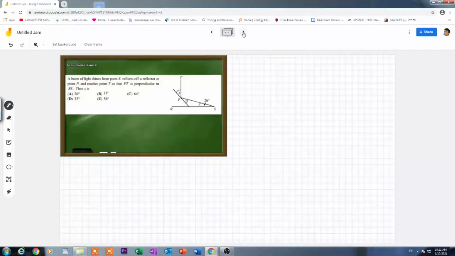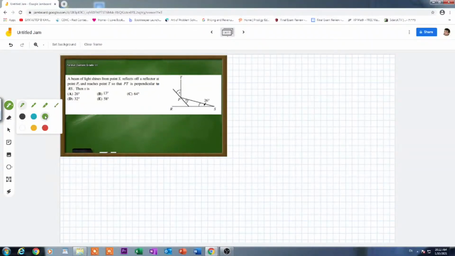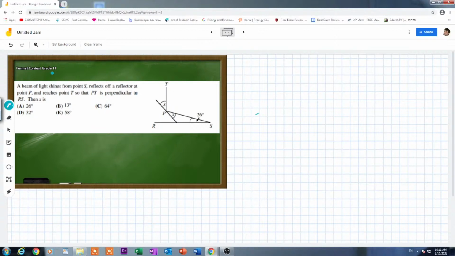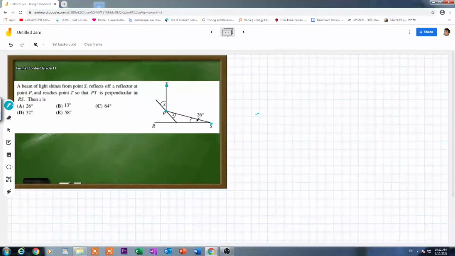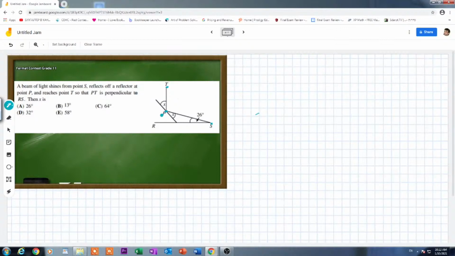Okay, next question. Next question. A beam of light shines from point S, reflects off the reflector at point P and reaches point T, so that PT is perpendicular to RS.